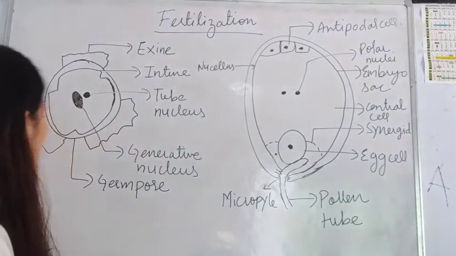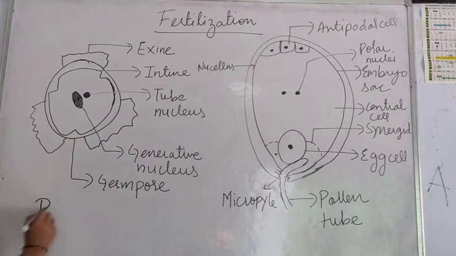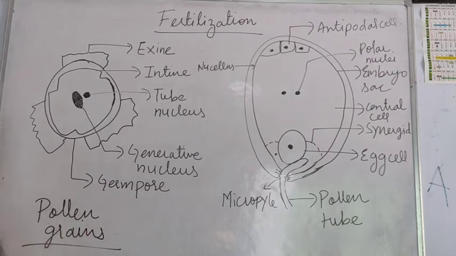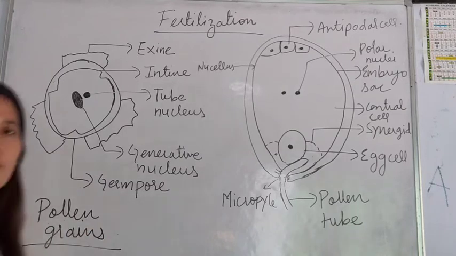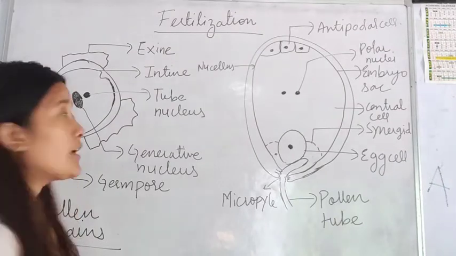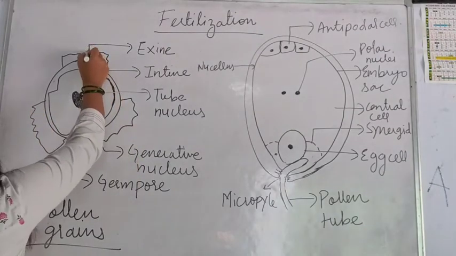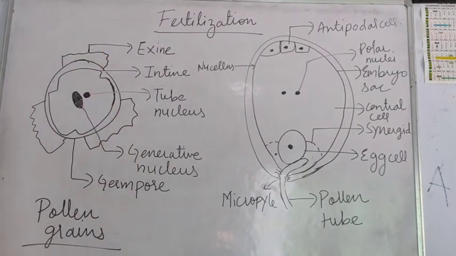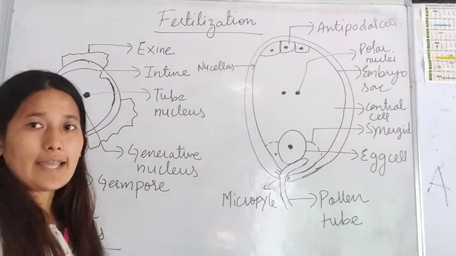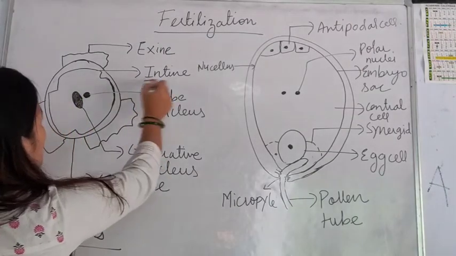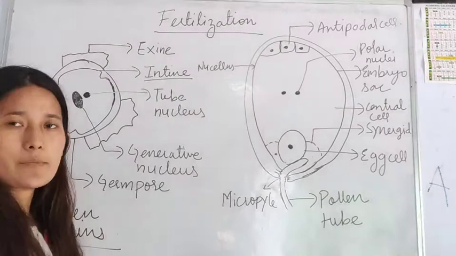So first let us discuss pollen grains. Now your pollen grain has two layers. The outermost, which is discontinuous, is referred to as exine, and the inner one is referred to as intine. It is made up of two layers.